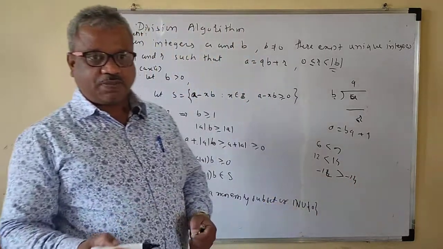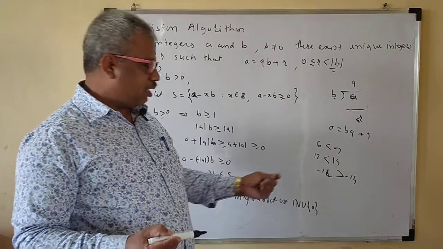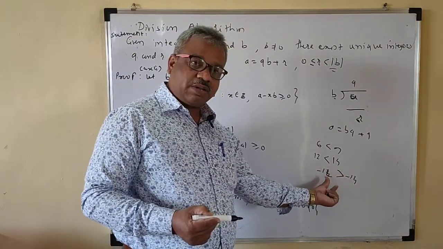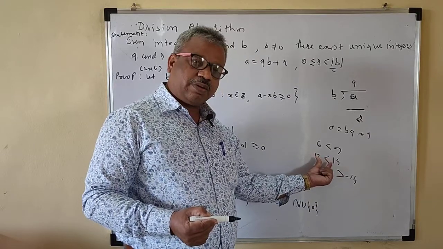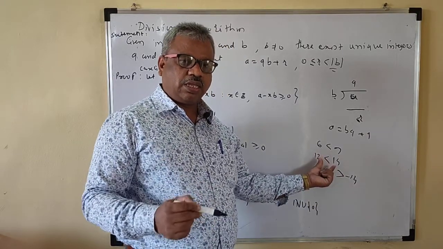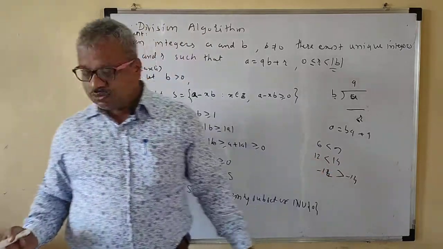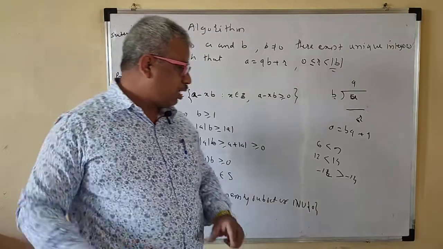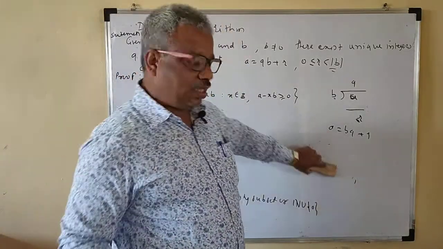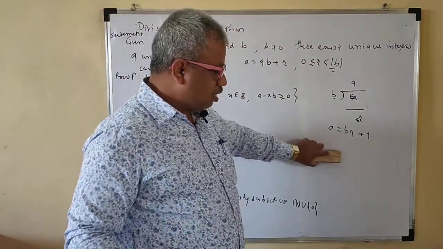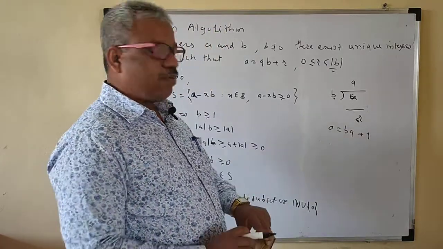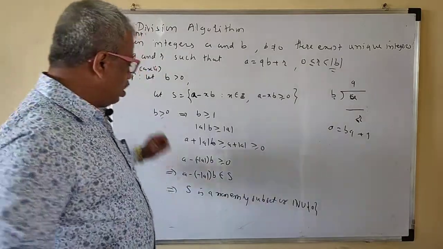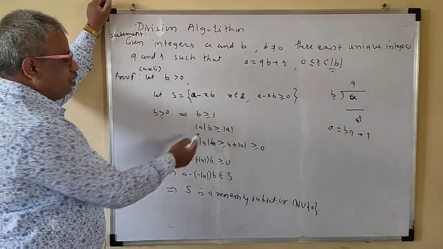When you multiply an inequality by a negative number, the inequality reverses. Here you are multiplying by a positive number, so the inequality remains as it is.